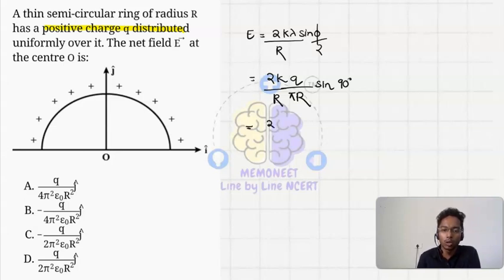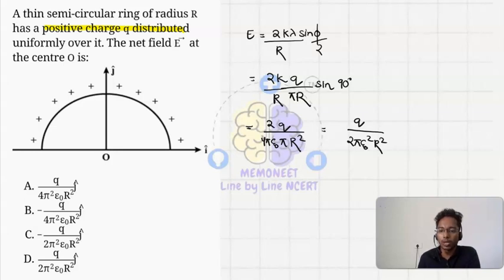So 2q upon 4 pi epsilon naught pi r square, which equals q upon 2 pi square epsilon naught r square. This is the value of the electric field. In which direction will it be?